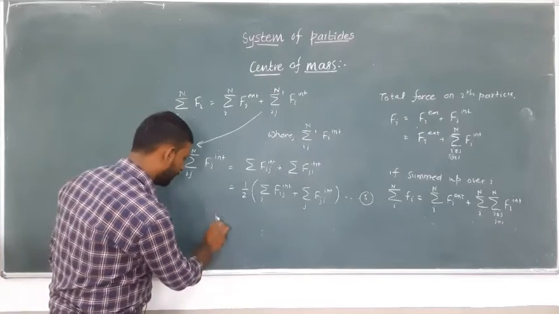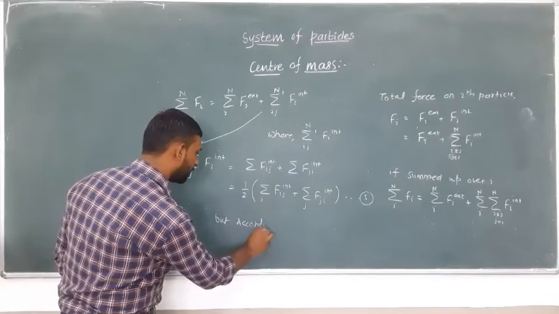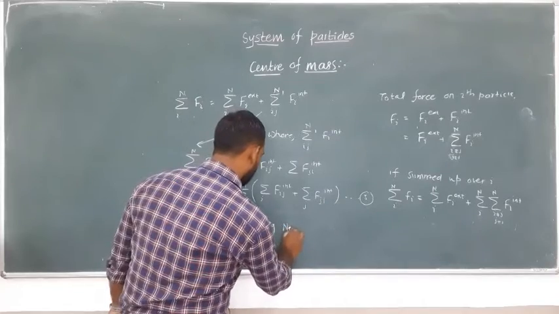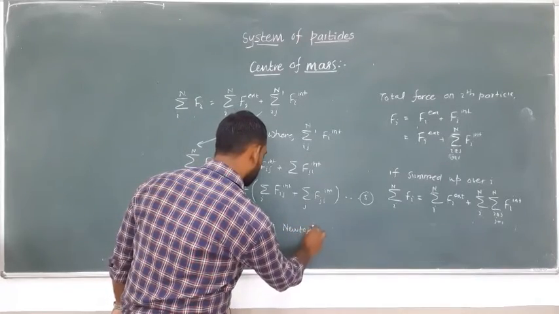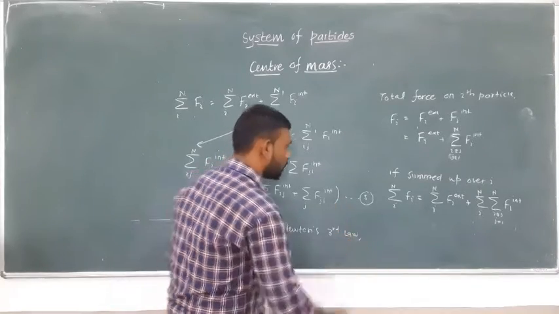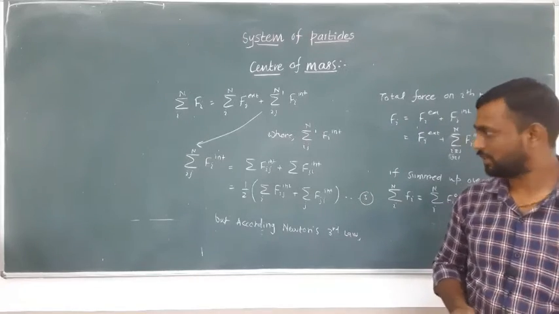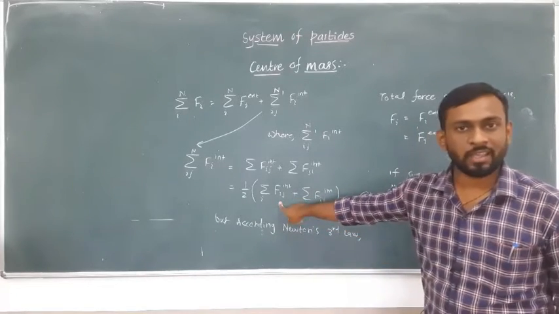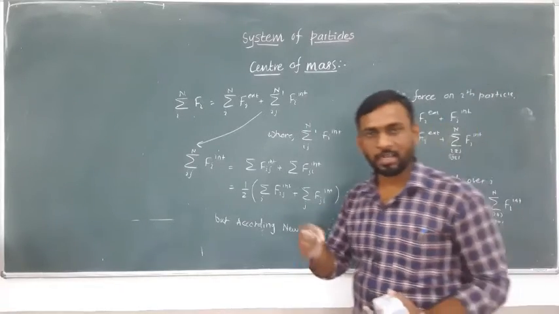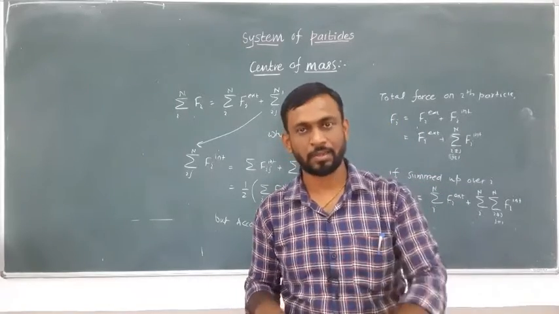But according to Newton's third law, what is the statement of Newton's third law? To every action there is an equal and opposite reaction. So the force acting on the ith particle due to the jth particle is equal in magnitude to the force acting on the jth particle due to the ith particle.